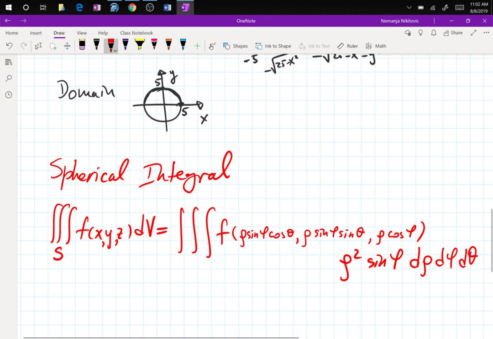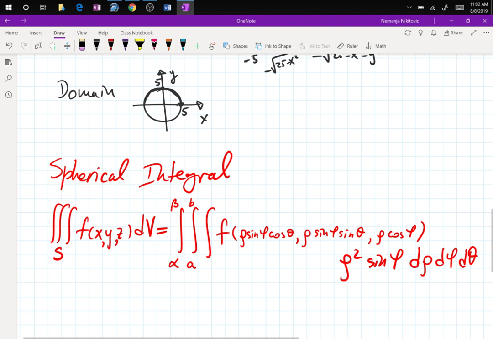Now, limits. Alpha and beta are limits that are angles for theta. Now, I don't like that they're using A and B. I have to use A and B because the book uses A and B. I would rather use gamma and delta or other two Greek letters, because these are also angles for phi.